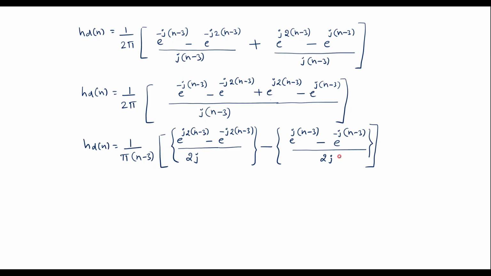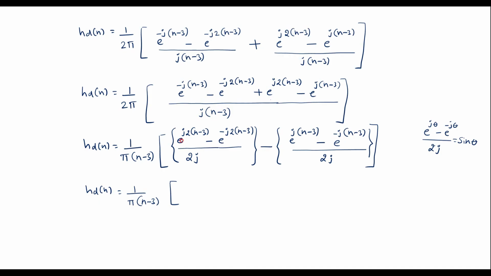So here we know that e power j theta minus e power minus j theta divided by 2j is equivalent to sin theta. So now I can write hd of n is equal to 1 over pi of n minus 3.